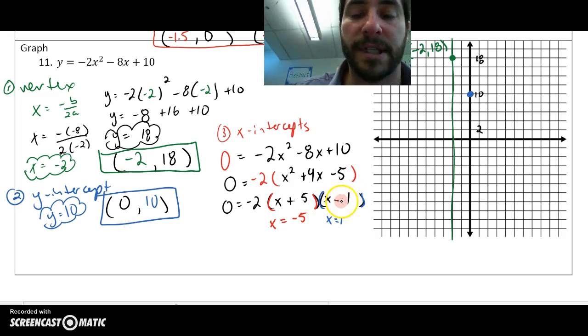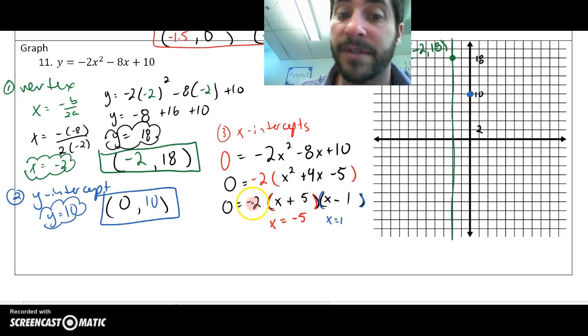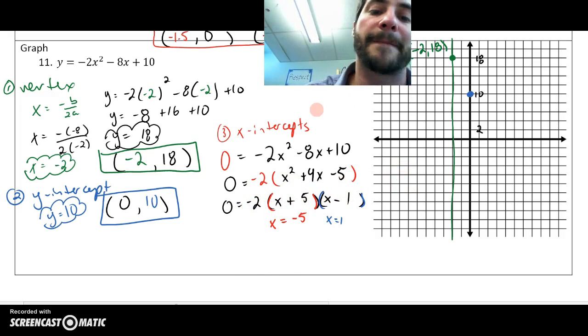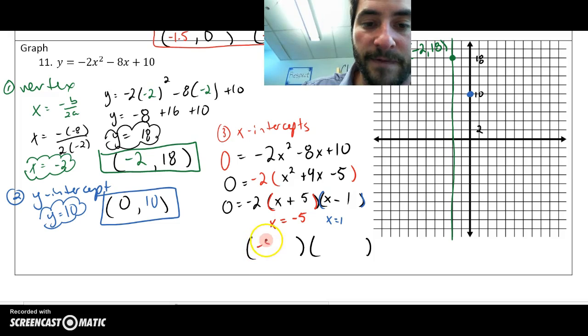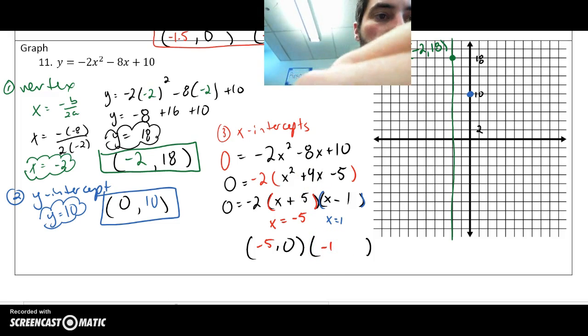Because 1 minus 1 is 0. 0 times anything is 0, times negative 2, 0. Alright, so our x-intercepts are at negative 5, 0, and negative 1, 0.